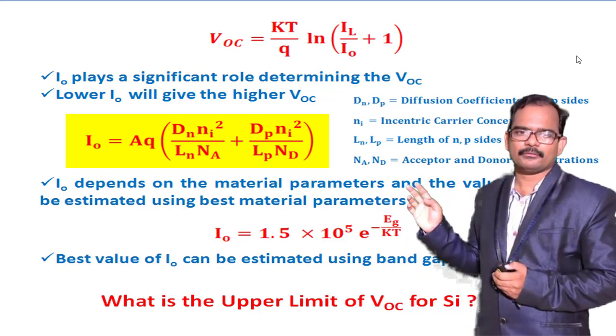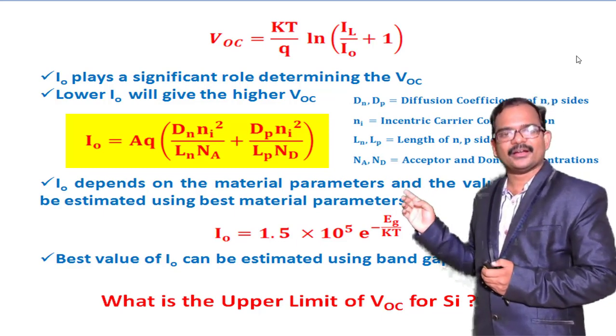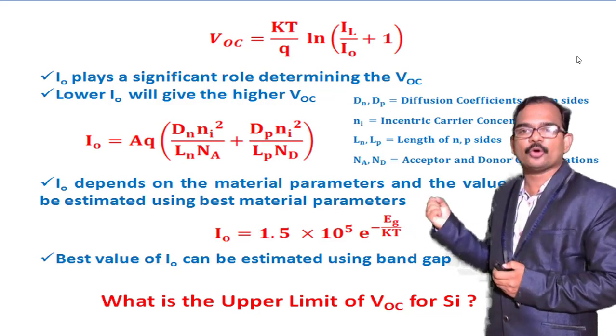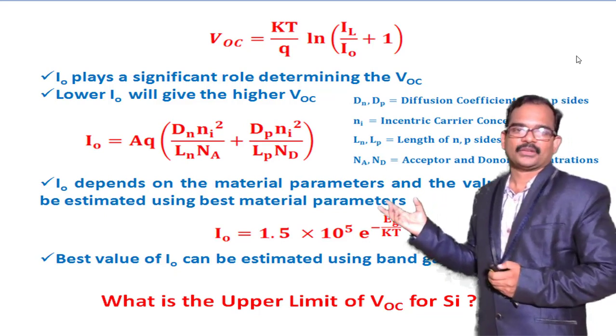What is the length of N side? 1 micrometer. What is the length of P side? 100 micrometer. Na and Nd are the acceptor and donor concentrations.